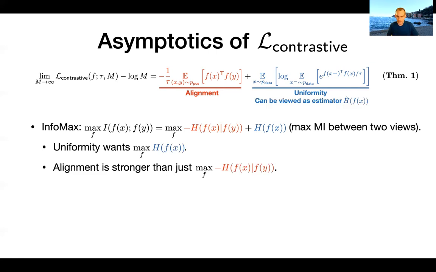The max entropy distribution is the uniform distribution. But alignment is actually stronger than just minimizing the conditional entropy, because you could minimize conditional entropy by just making f of x perfectly predictable from f of y via a very complicated function. Alignment says no, it can't be a complicated function. You actually have to have nice geometry in the embedding space where f of x and f of y not just share information, but are actually the same vector. So this is a stronger condition than the conditions imposed by the information theoretic argument.